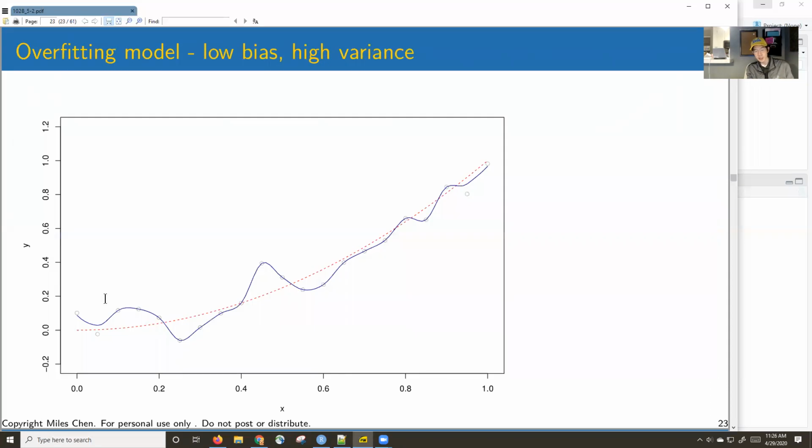So here is our randomly generated data, and this blue line represents what we fit. We fit a curve to the randomly generated data, and it looks like this.